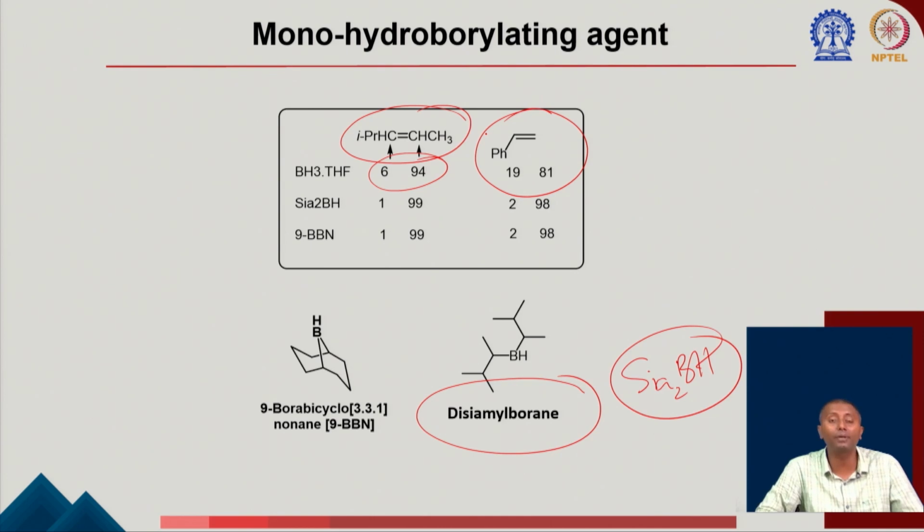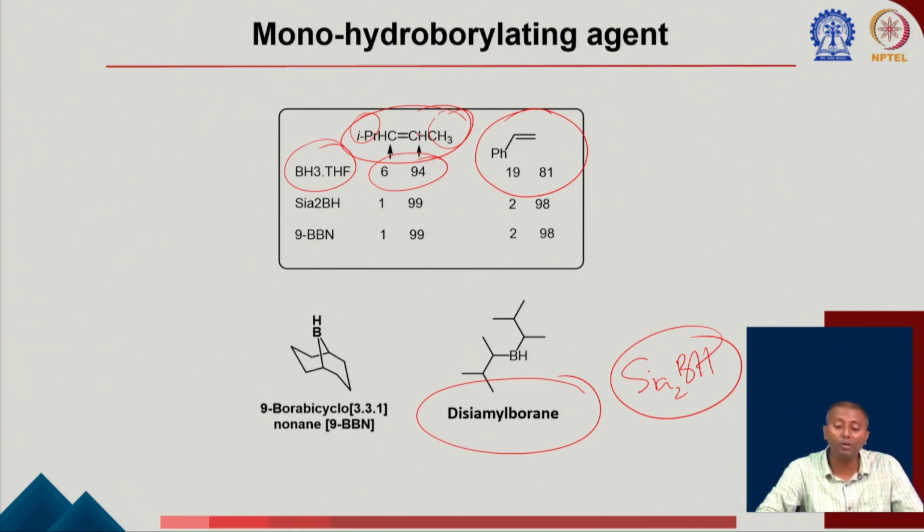There are also examples where we will see a 40-60 ratio, or sometimes even just 55 and 45, because BH3 THF is a smaller reagent. So that's why you don't find any selectivity difference, because here the difference is you have an isopropyl on one side and a methyl on the other side. So we are talking about an olefin having isopropyl on one side and methyl on the other.